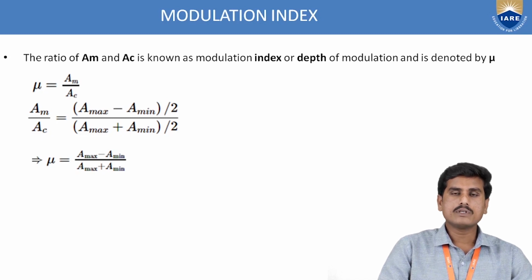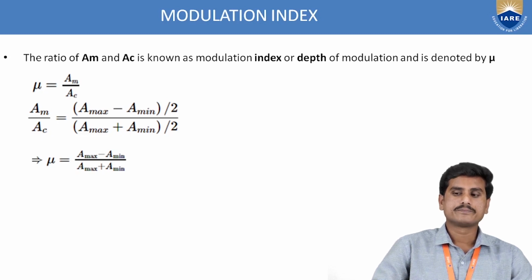The message signal amplitude Am is A max minus A minimum by 2, and Ac is equal to A max plus A minimum by 2, and finally we will get mu is equal to A max minus A minimum by A max plus A minimum.